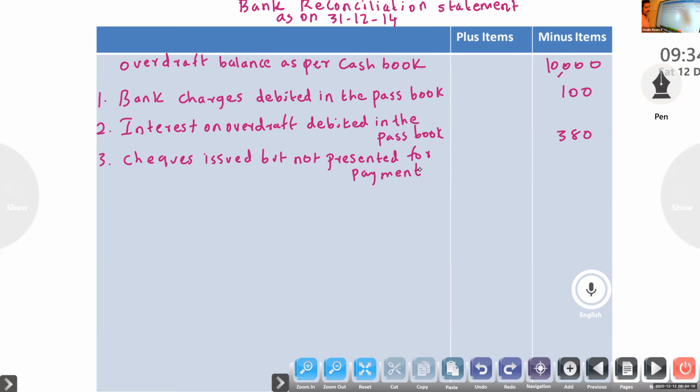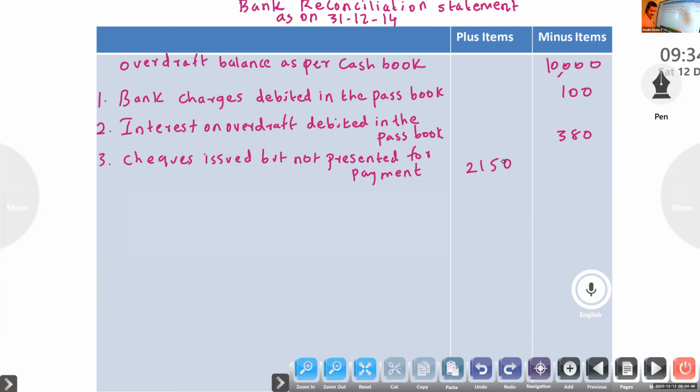Suppose we purchased goods on credit from a person and we gave the check. Then in our cash book we will minus that amount. But he didn't present that check to our bank for collecting the amount. So cash book decrease, so plus.